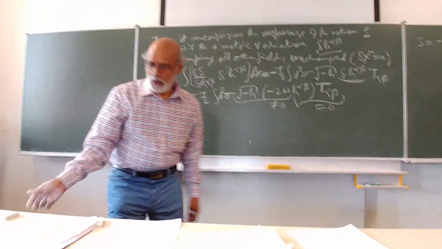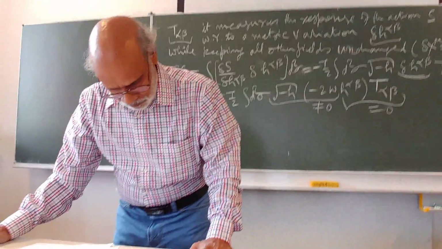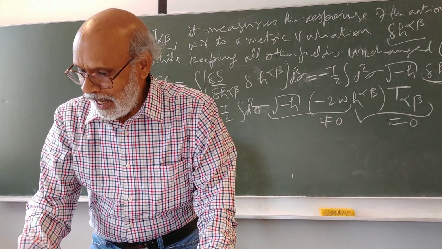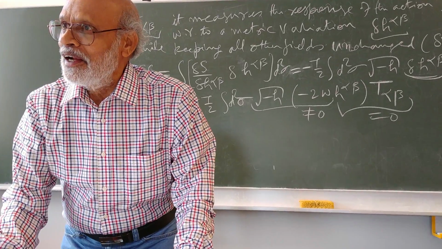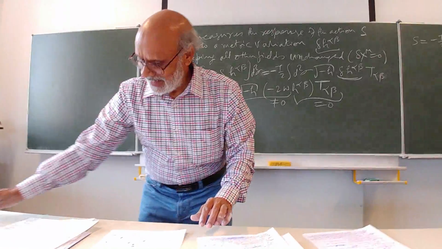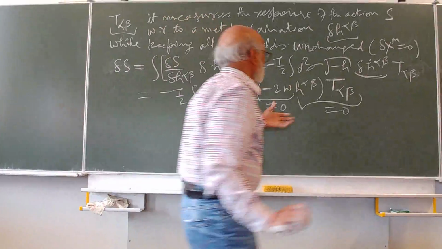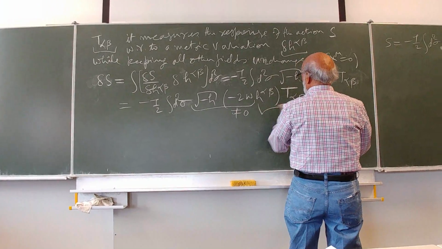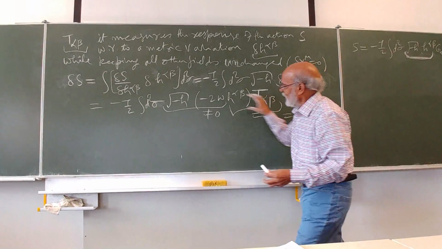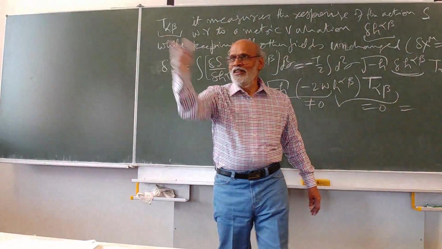Because the action is a function of H and also of the determinant as a component, to vary H I also have to vary the determinant. Yes. This also in any case will turn out to be true, because this would then be equal to, I mean, we take it separately, H alpha beta into T alpha beta. But let me first do the variation, including the variation of the determinant.